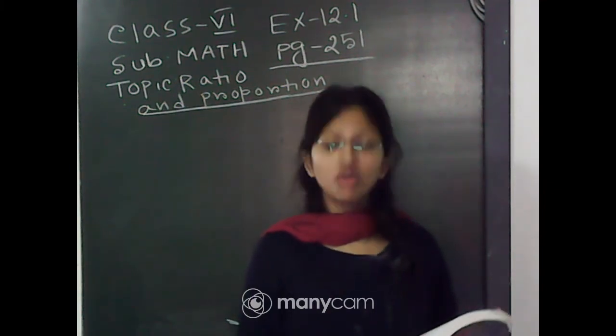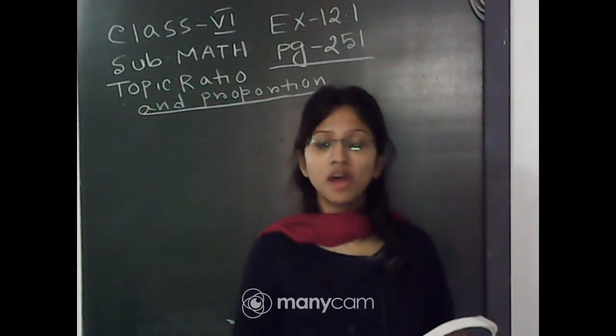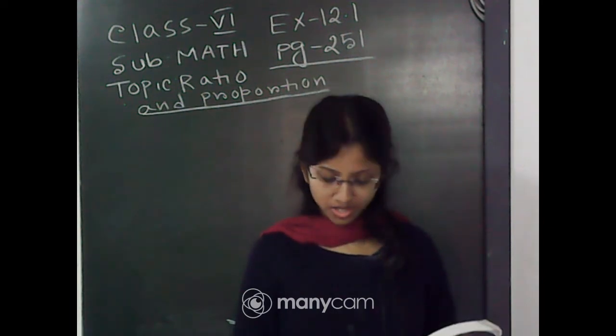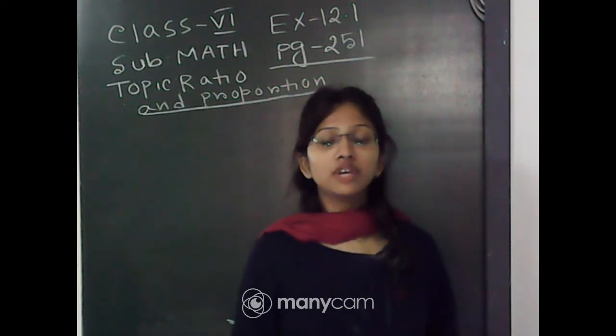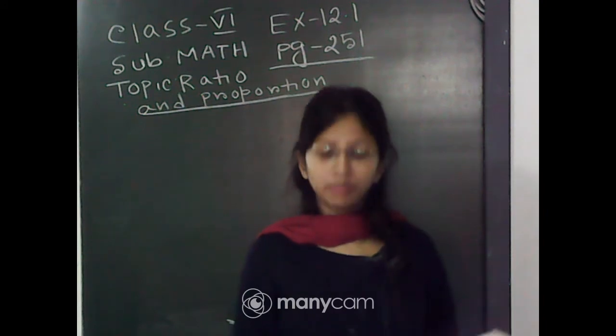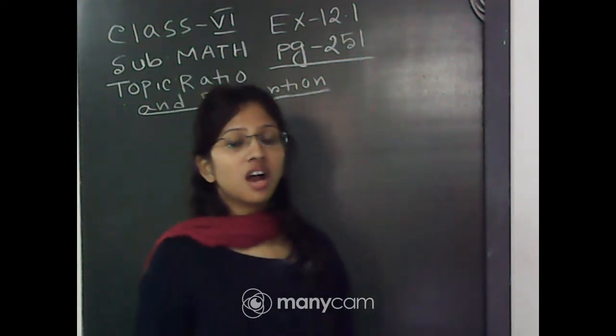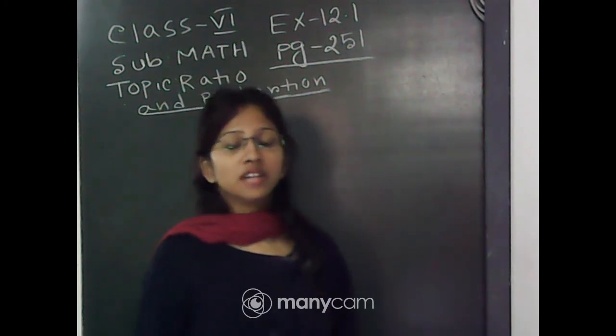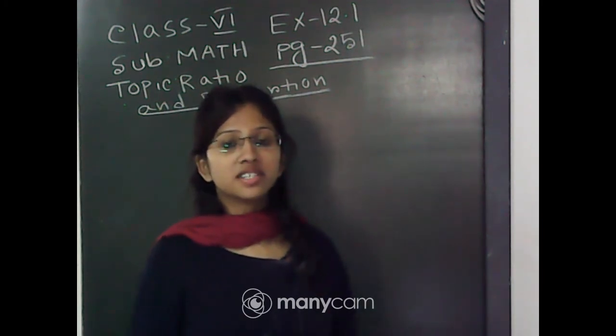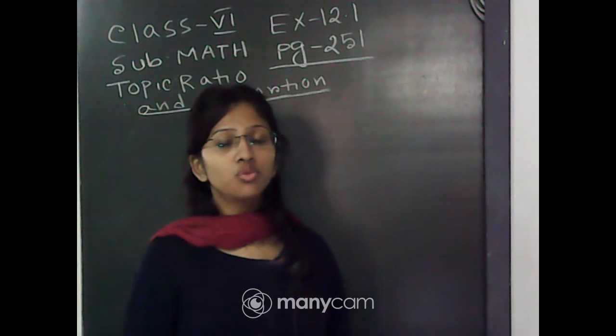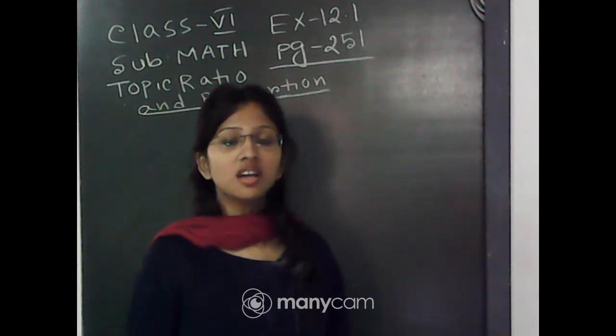Find the ratio of 30 minutes to 1.5 hours. Okay, here the units are not same, and we know that for comparison by ratio the two quantities must be in the same unit.